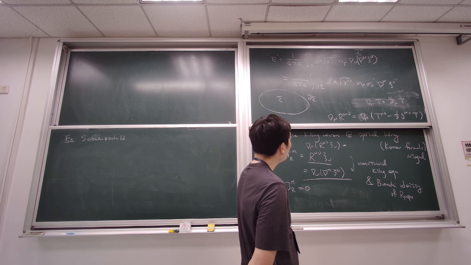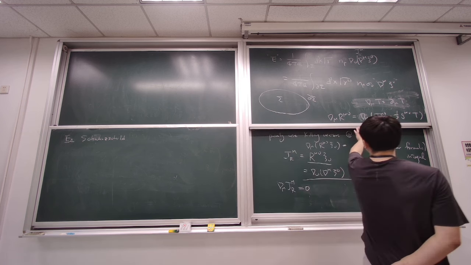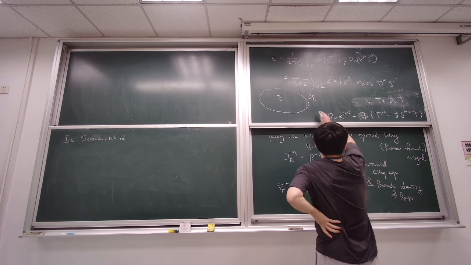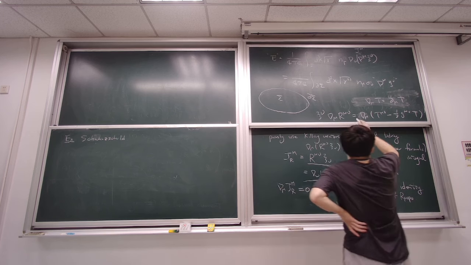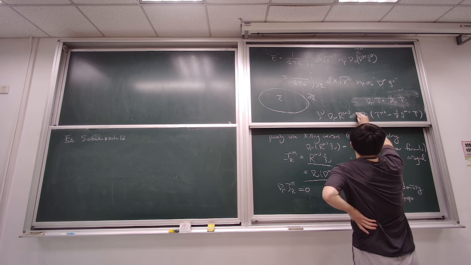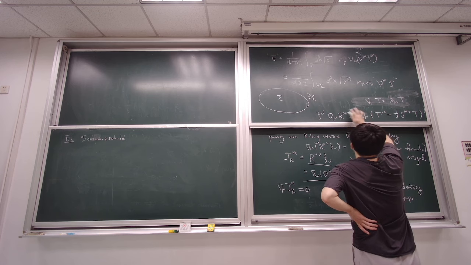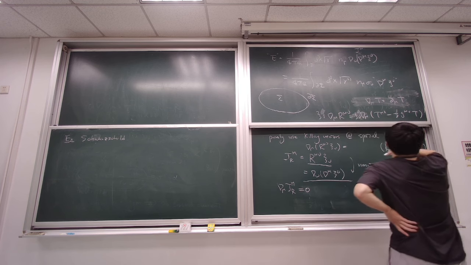No, I think it should be contracted with C, right? Oh, okay. I think we should contract with Xi nu, right? And then this should be contracted with Xi nu, right? A lower index, okay. Xi nu, right?